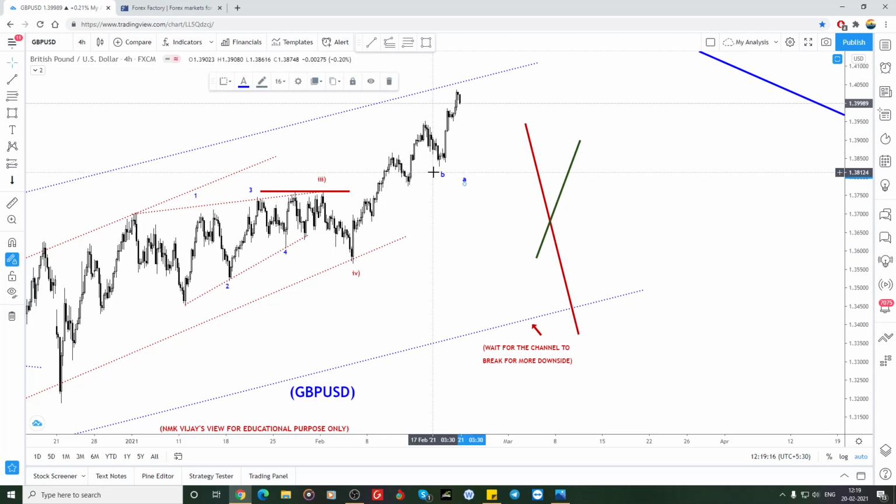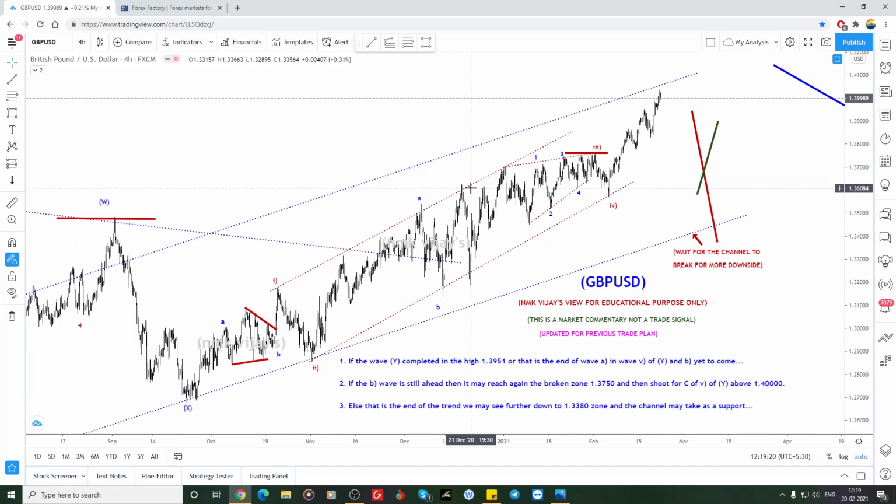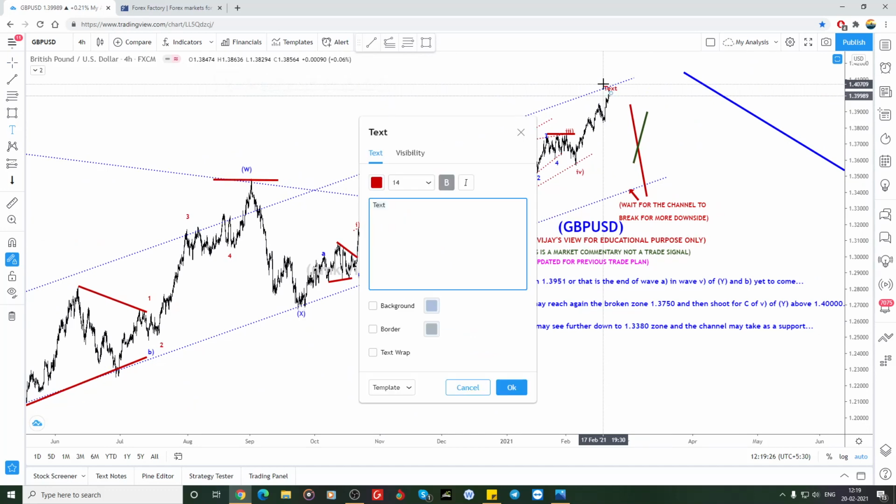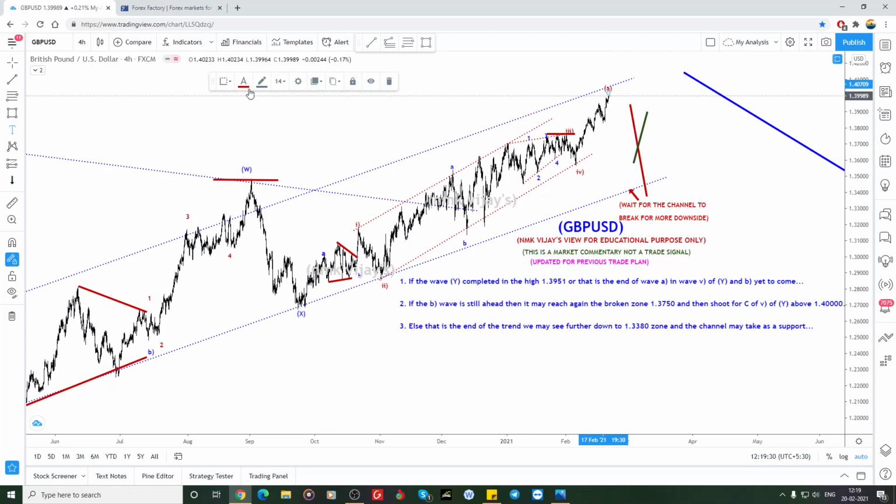So here 1 is completed. So A is completed here. A is completed in the diagonal formation, and I am expecting a B wave, a fall.